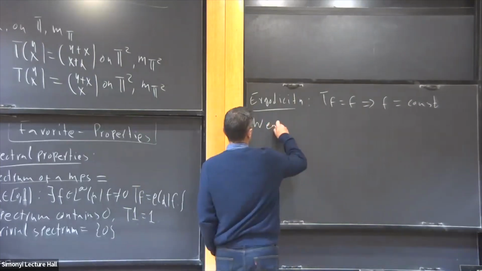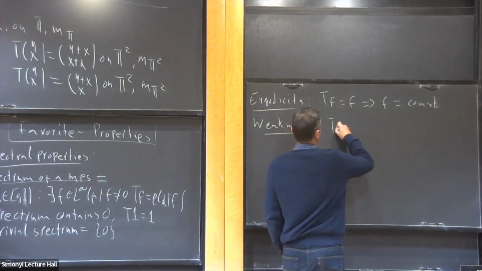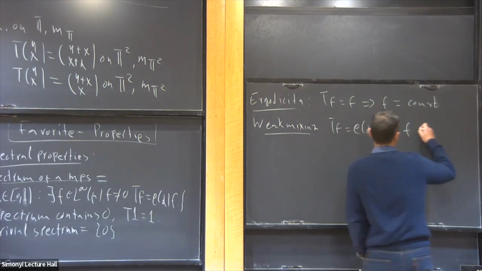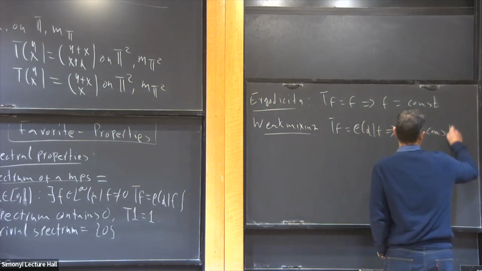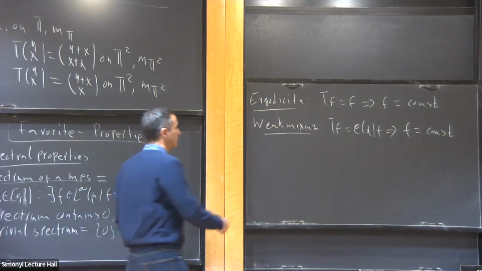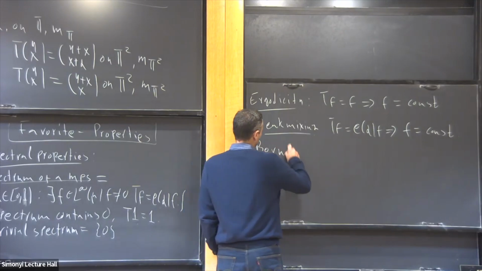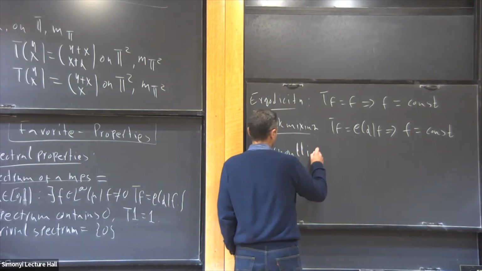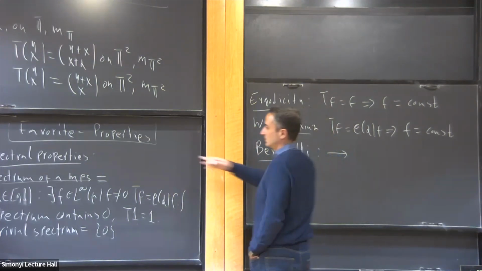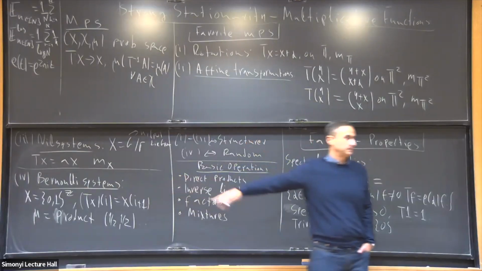Weak mixing: Tf equal to e to the i alpha f implies f is constant, and if alpha is not zero, it goes to 0. And then the Bernoulli, this is the ultimate sort of randomness, basically what I gave you, this example. Or this example, okay?